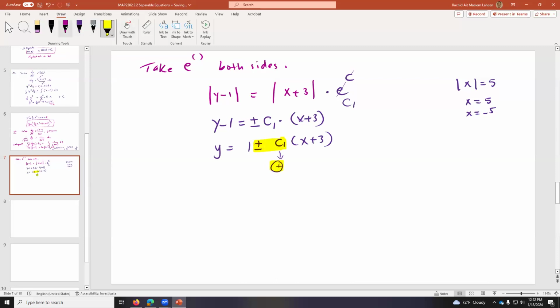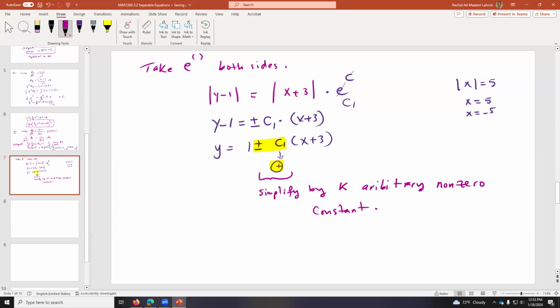So we can do a new thing we probably haven't done before, or if you did it, that's great. To simplify, let's say, another constant k, which is an arbitrary non-zero constant. C1 is positive, but plus or minus changes the sign, and you also have x plus 3.